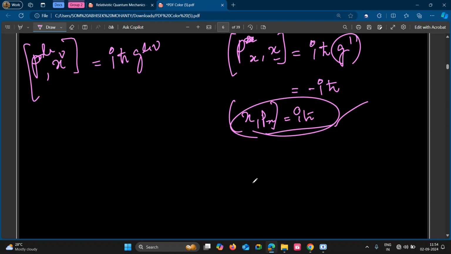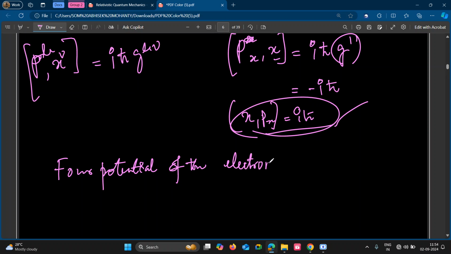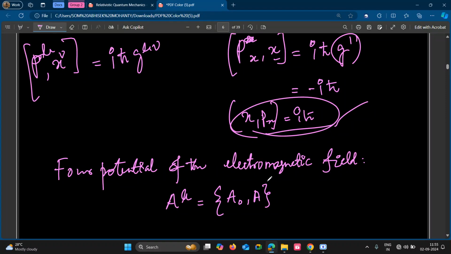Exactly like this, we can also get the four potential of the electromagnetic field. A mu is equal to A zero, A vector.